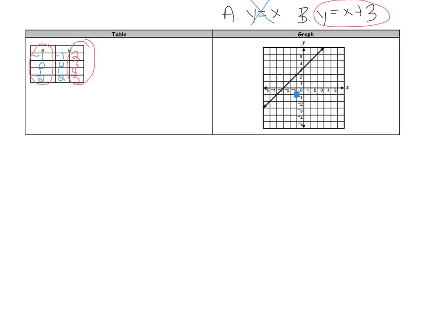So I'm going to go over to -1 up to 2, and over none and up to 3, and over 1 up to 4, and over 2 up to 5. And as you can see, every single point fell on the line. Therefore, this graph is of the equation y equals x plus 3.